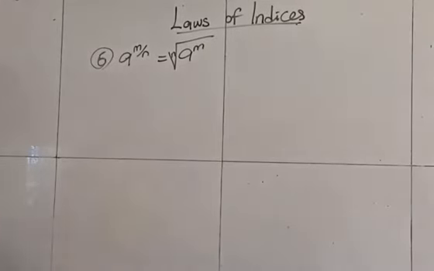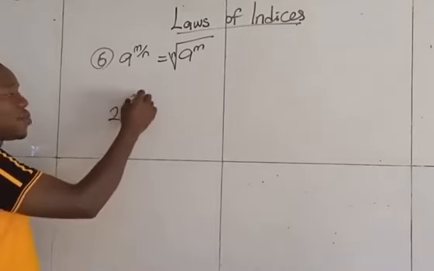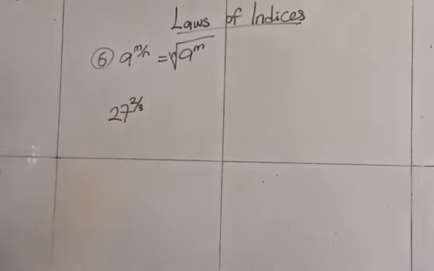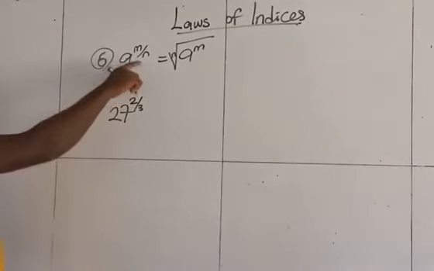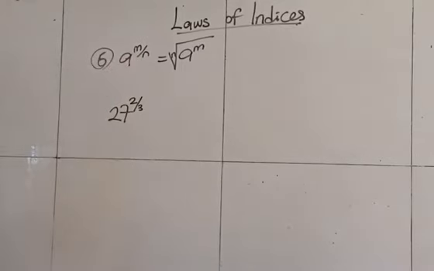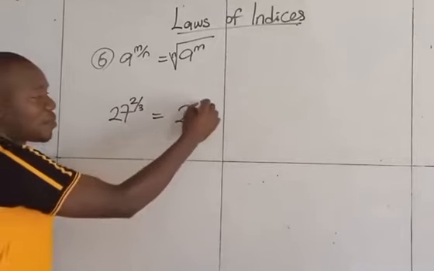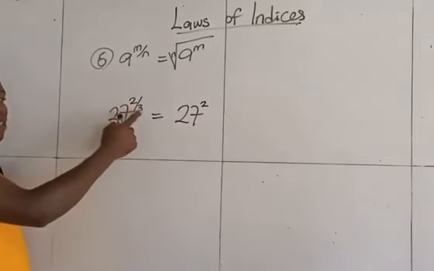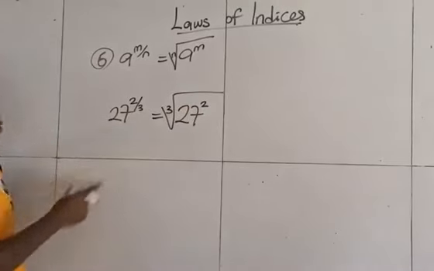Very important. A simple illustration of this law, if I have 27 raised to the power 2 over 3, for instance, this is a fractional power. 2 over 3 is a fraction, so we can apply the law of fractional powers. And when we do that, the numerator remains the power, 27 raised to the power 2, but the denominator becomes the root, which is the cube root.